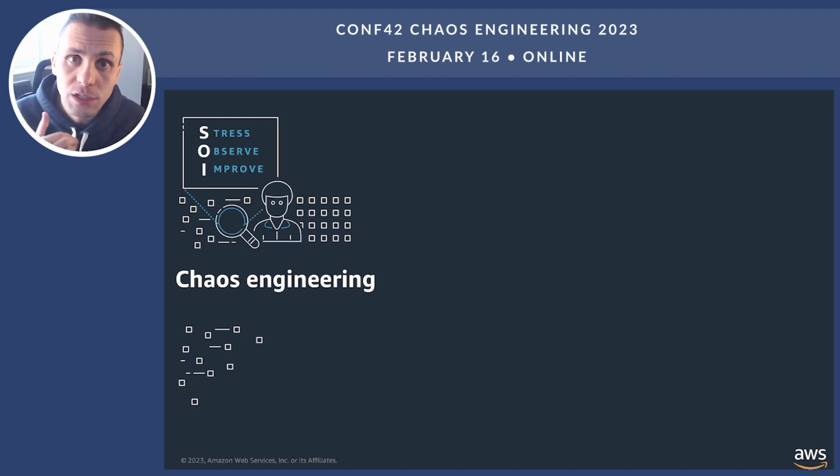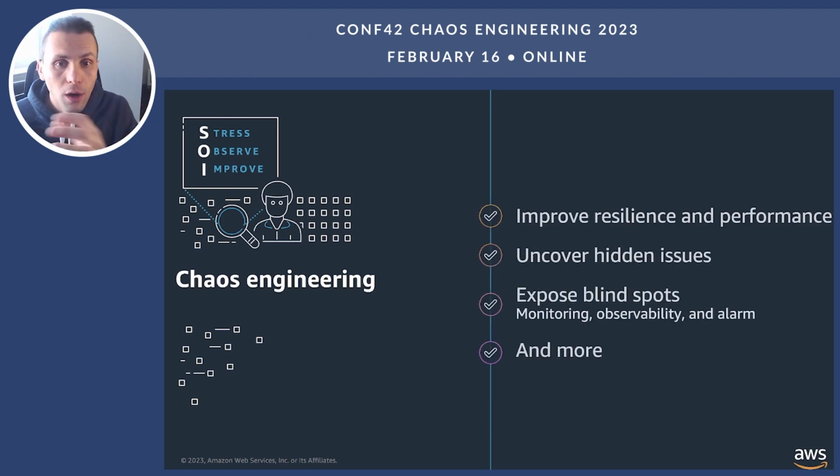You make changes for your application to be more resilient or performant. We do want to prove or disprove some of the assumptions that we have about our system's capabilities to handle or not handle those disruptive events.